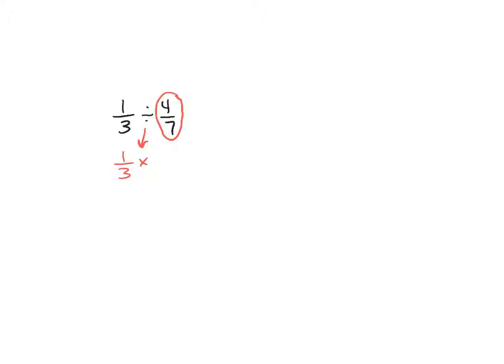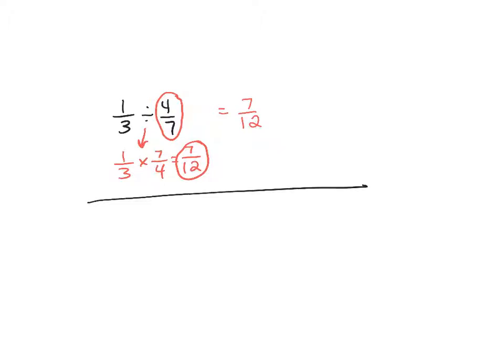So instead of multiplying that by 4/7, I'm going to multiply by 7/4. Now I can just multiply straight across. 1 times 7 is 7. 3 times 4 gives me 12. My final answer to this problem is 7/12. So 1/3 divided by 4/7 gives me an answer of 7/12.